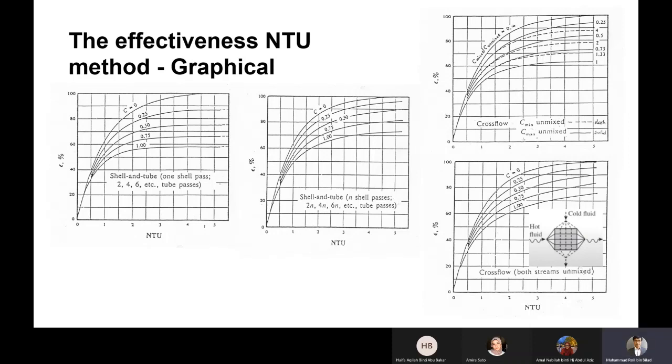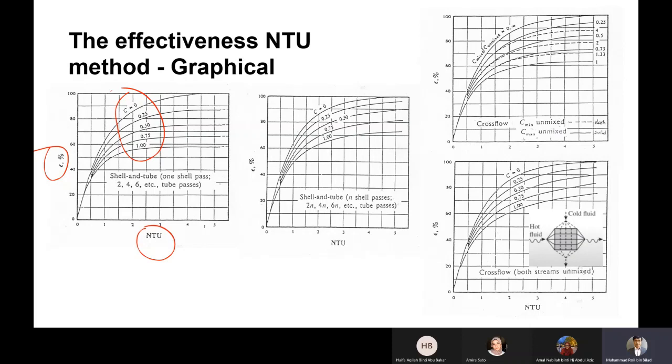No worry about this graph, we'll give it to you. You see here, I want to find NTU. What I need is two: I need to find the effectiveness factor here and the capacity ratio here. When I know two of the three, I'll be able to find the third one.